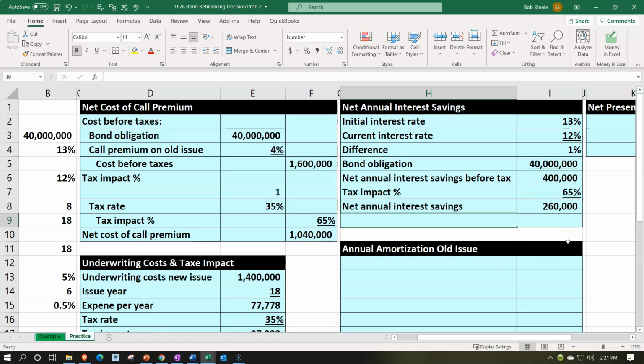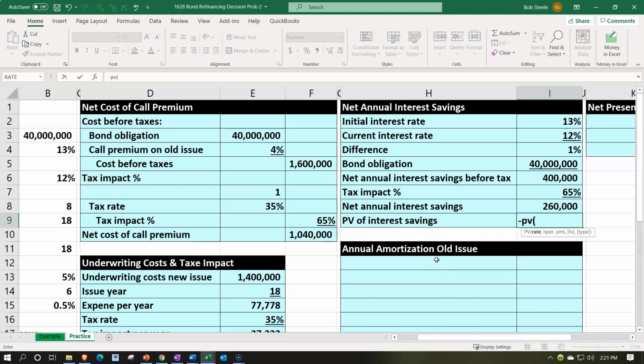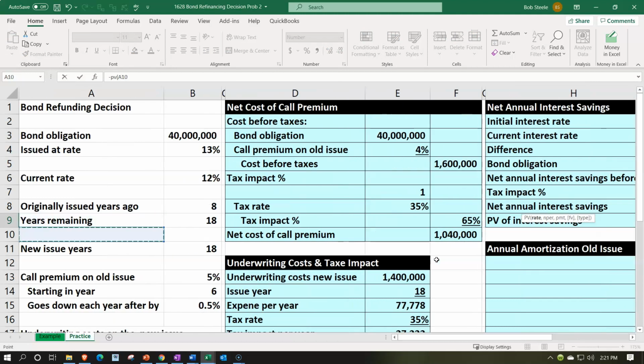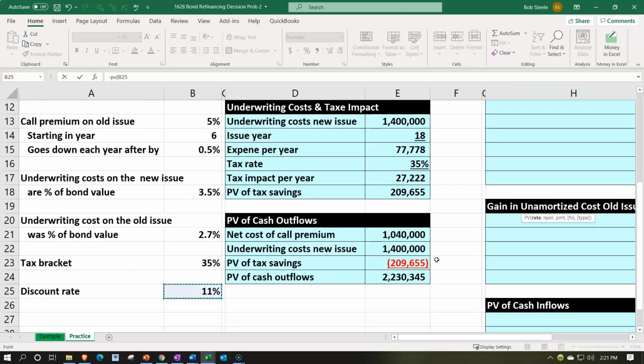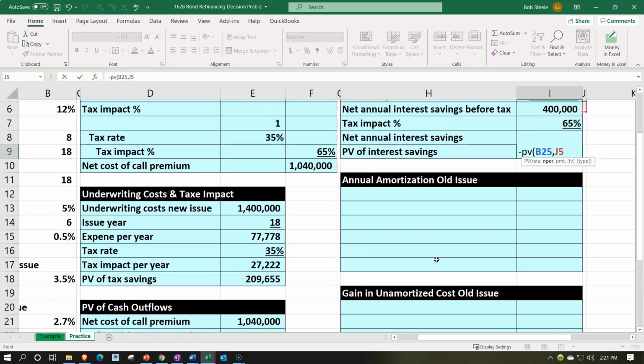So once again, we have this for 18 years now that this is going to happen. So we need to do our present value calculation to take that annuity so that we can do our comparison as of now. So this is going to be negative present value, shift 9. The rate is going to be our discount rate on the left, the 11%, comma, and then we've got the number of periods.